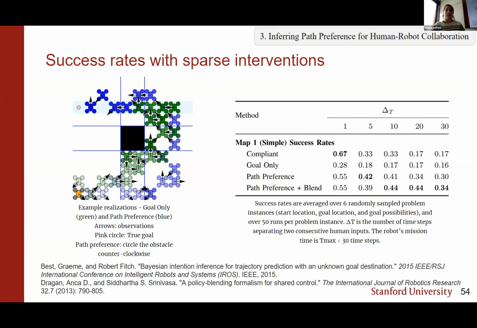The way we arbitrate between the human's indications and the robot's is by looking at the entropy of the goal and preference distribution. And by preference distribution, I mean the preference for the neighboring set. So if we're very confident in what the goal and the neighboring set are, we're going to follow the robot's policy. But as long as we're not confident, we're going to follow the human's policy. And we did observe a significant improvement in results by integrating this blending method.